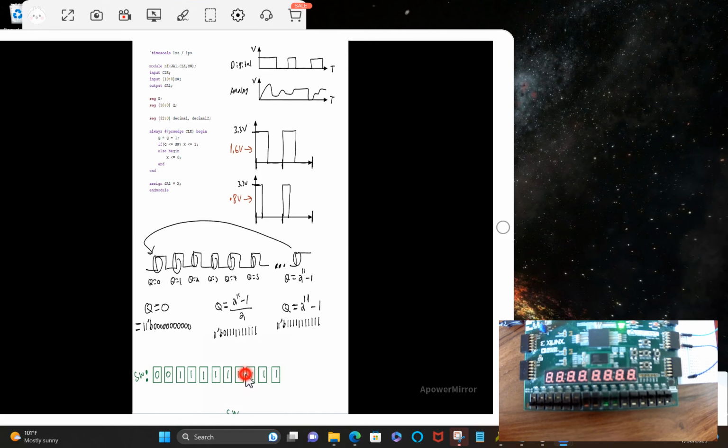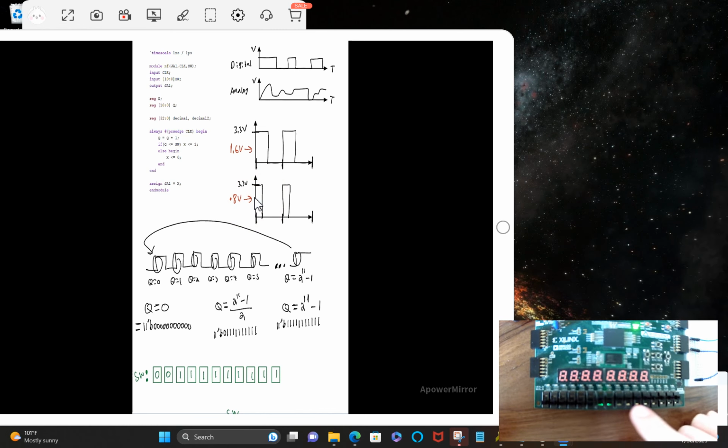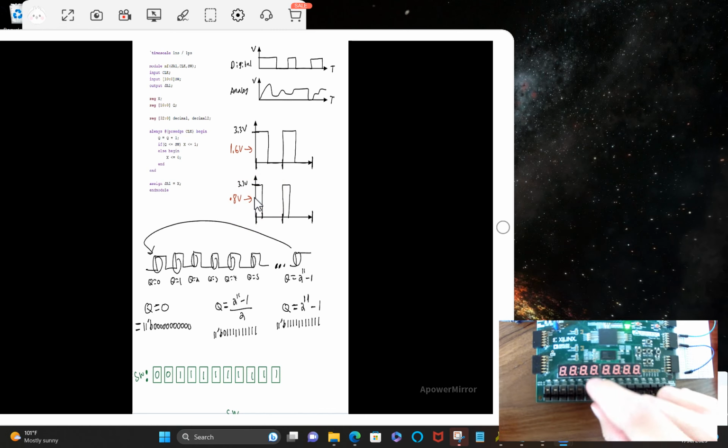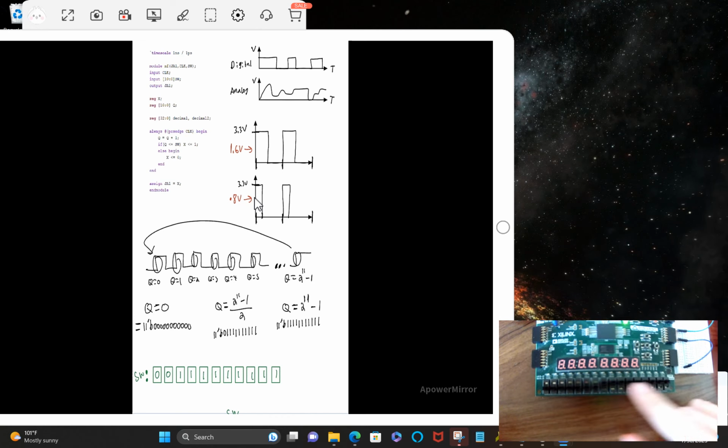If we put this switch input combination, we're going to get 0.8 volts. So let's do that. The starting 2 are 0, the rest 1.